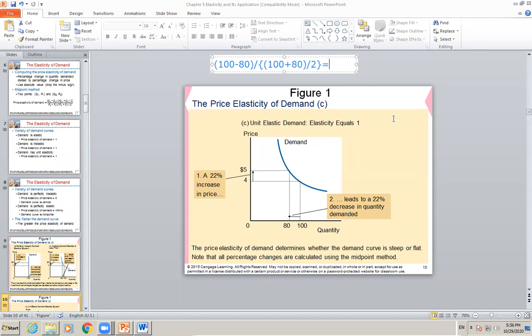So this will give us 20 divided by 180 divided by 2, which is 80. Oh, sorry, 90. I'm very sorry. My math is getting worse. So 20 by 90 gives you exactly 0.22.